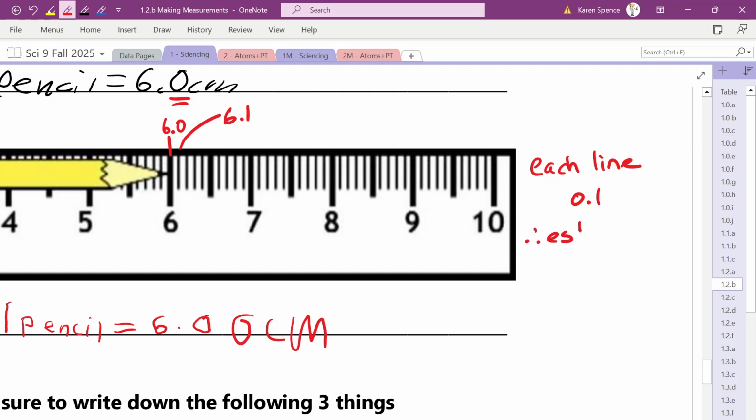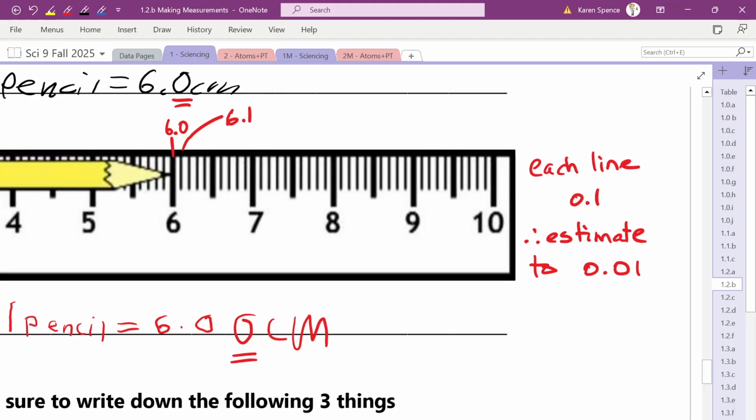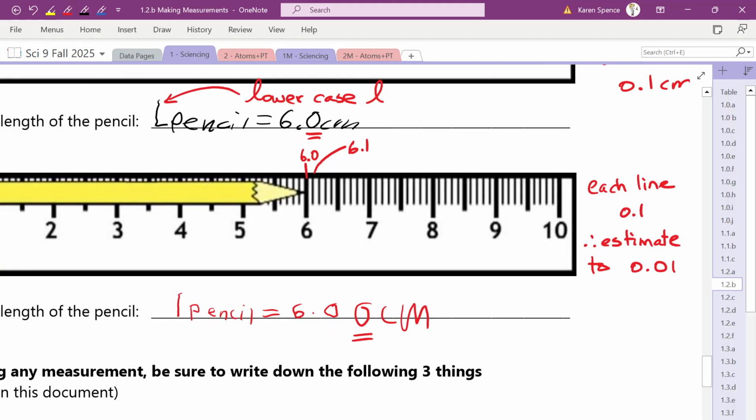Therefore, we estimate to 0.01. And we got our 0.01 position right there. And all of you remembered to write down all 3 things. We have what we're measuring, we have our estimated digit, and we have our unit. Beautifully done. You guys are amazing.